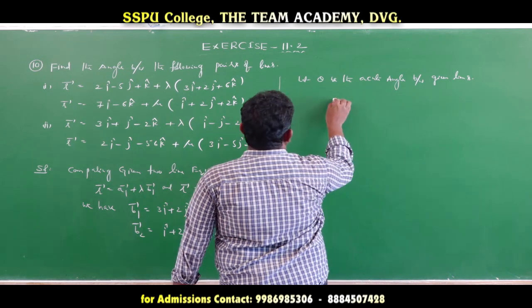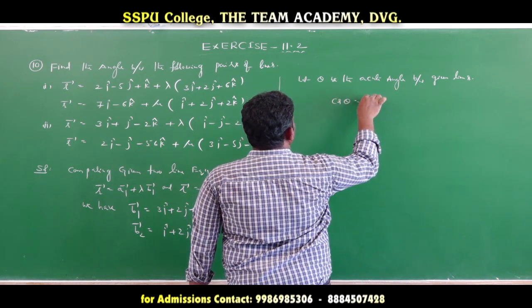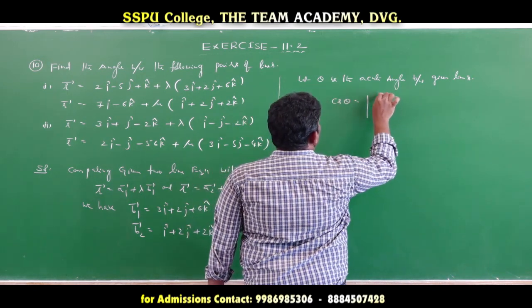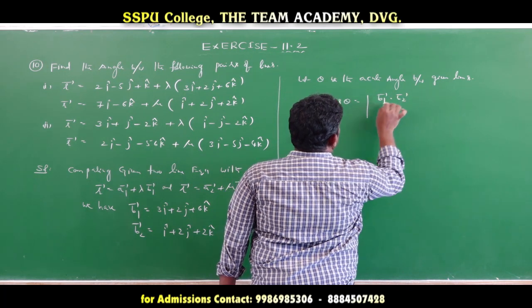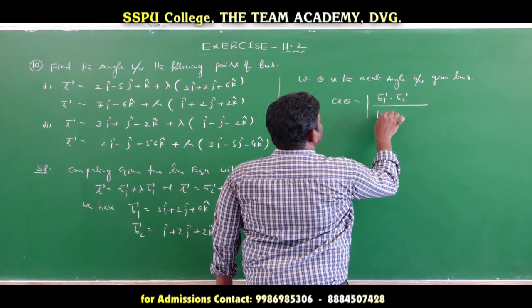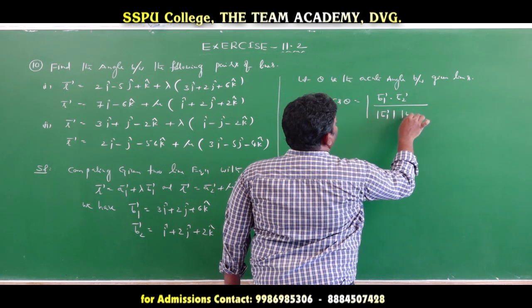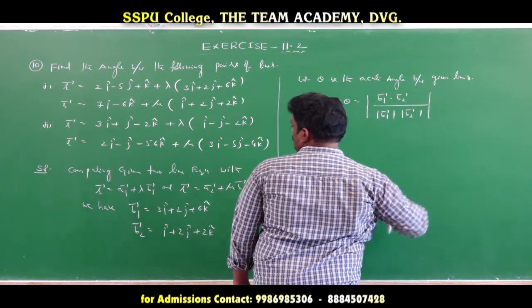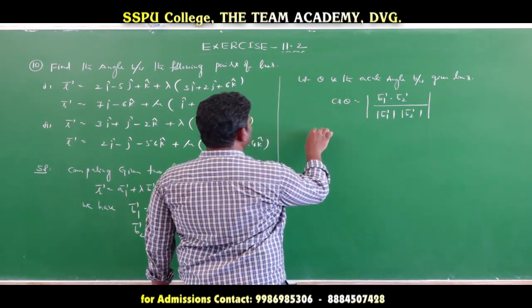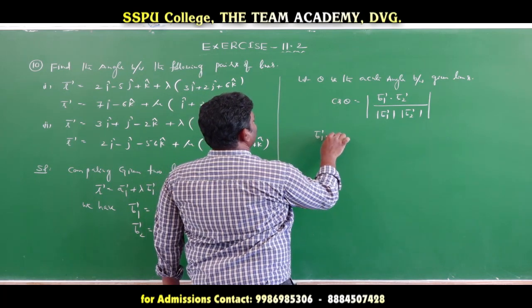Now we know that cos theta is equal to modulus of B1 bar dot B2 bar by magnitude of B1 into magnitude of B2. So first we find out B1 bar dot B2 bar.